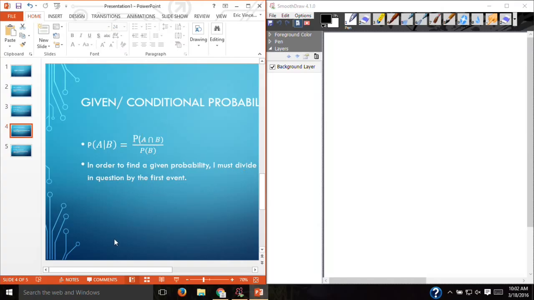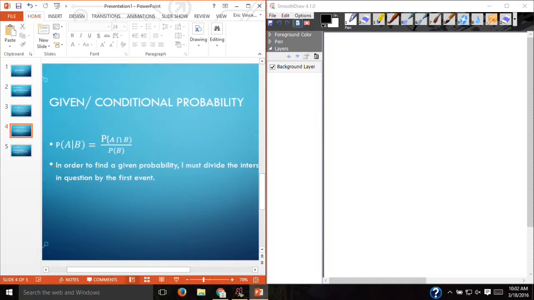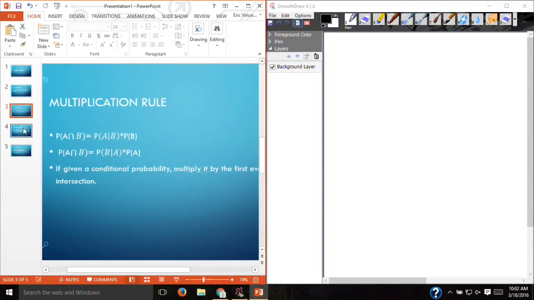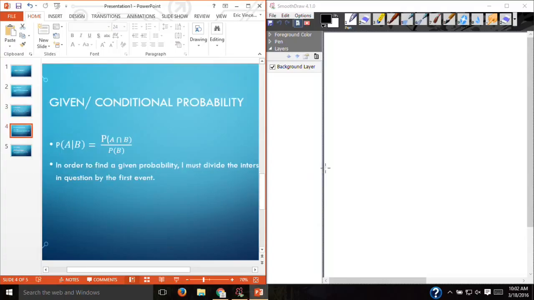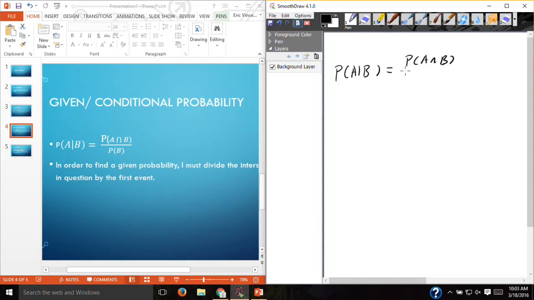Let's start with the given conditional probability, and I think that will help better understand what's going on for your multiplication rule. Okay, so if I have a given probability, A given B, I need to find their intersection and multiply it by the probability of the first event.